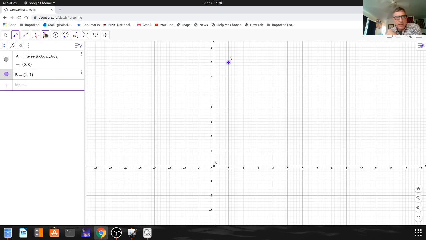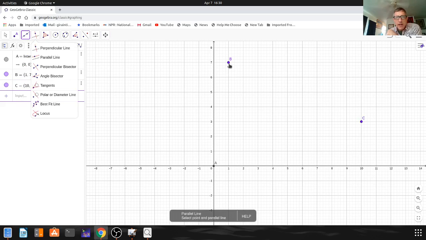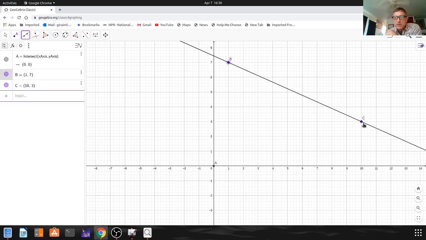The next point, my X value is 10, and my Y value is 3. So when I draw the line through those 2 points, that actually turns out to be the slope minus, what was it, minus 4/9, I believe.